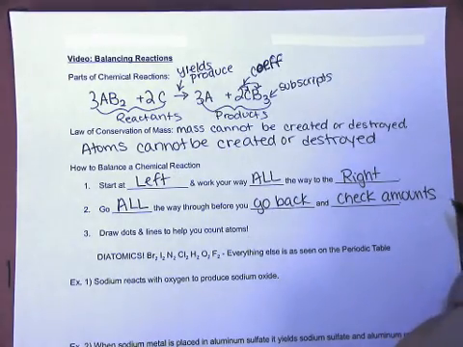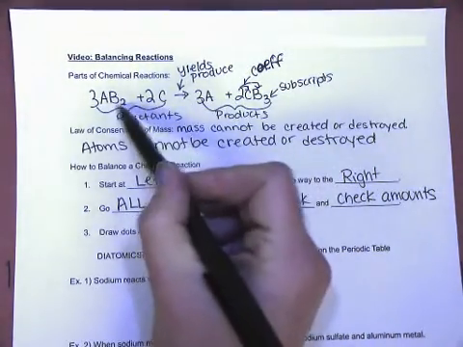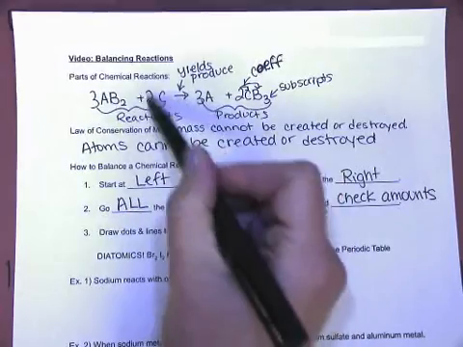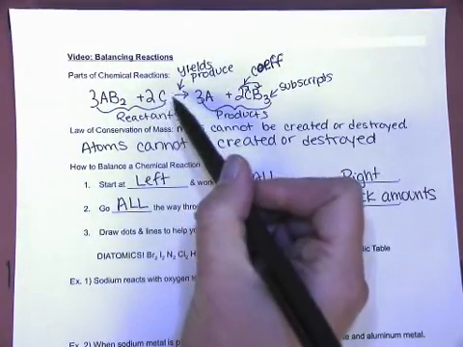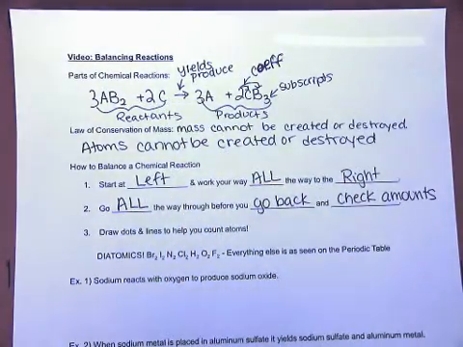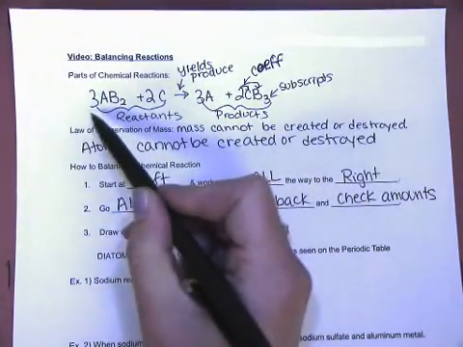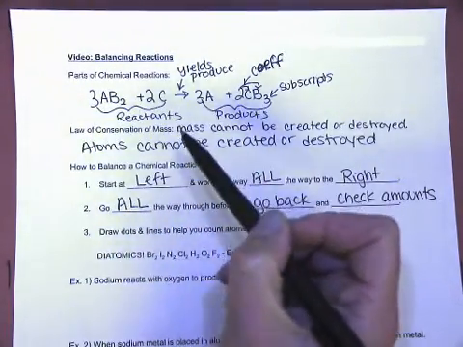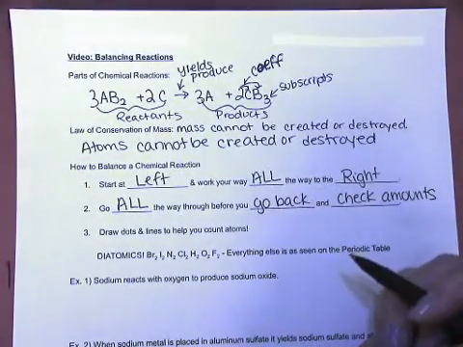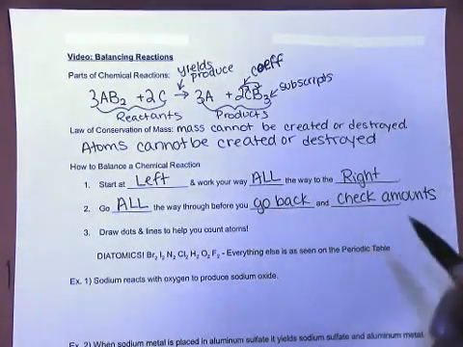If you don't go all the way through, you'll start to get here, go back, go back, go back, and never have done anything with your second one. And you kind of go in this downward spiral. It's much easier if you go all the way through first, then go back and check. If you've gone through twice and things haven't worked out, erase your coefficients and start over. It's the easiest way to catch a mistake.